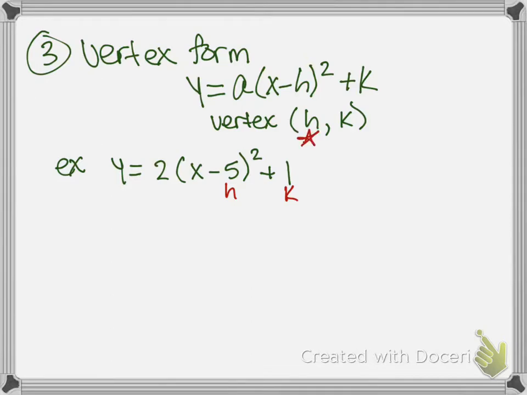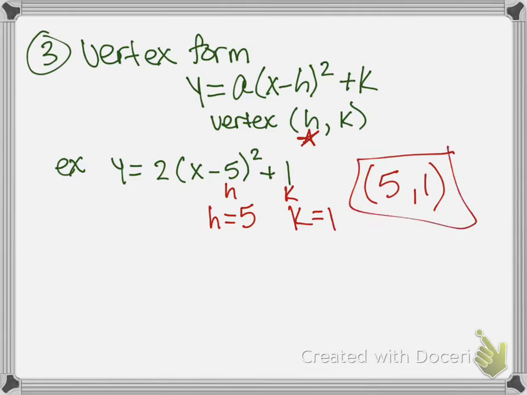So right here I see x minus 5. When I take out h, I want to take out the opposite. So h is actually going to be a positive 5, and then k will always stay the same. So my vertex is just 5 and 1. So notice my vertex is not an equation, it's a point. So this equation is in vertex form, but this point is my actual vertex.